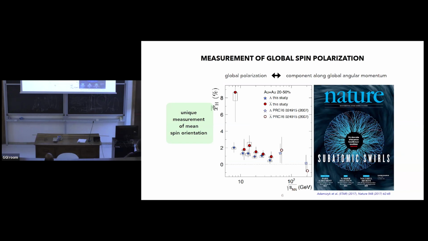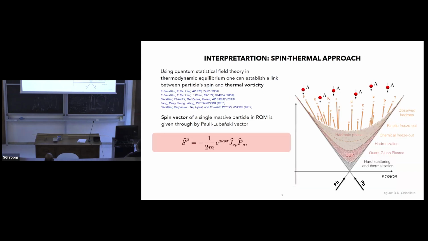But now comes the question of how this transition from the orbital to the spin part takes place. It was proposed that if the system is initially in equilibrium, not only in the momenta but also in the spins, then this polarization can be given by the initial vorticity in the system.